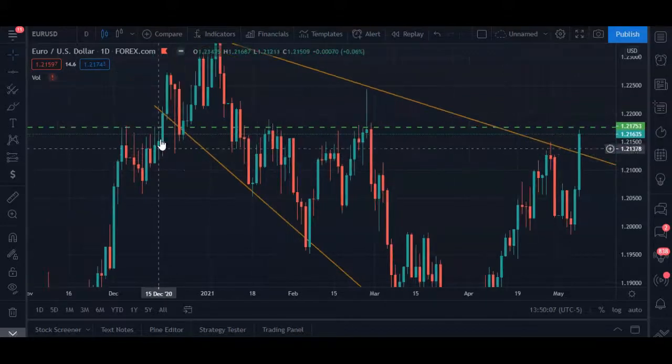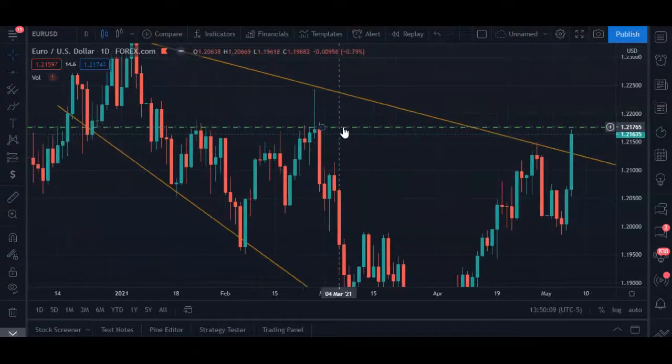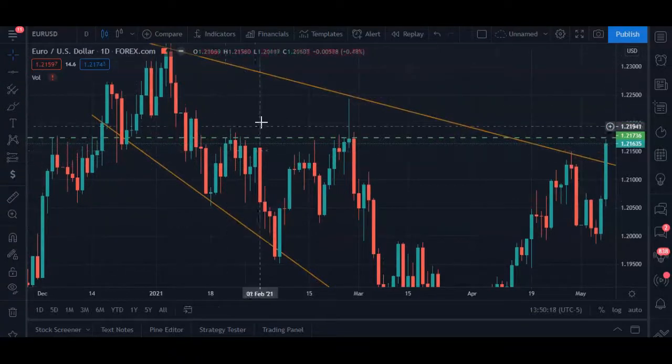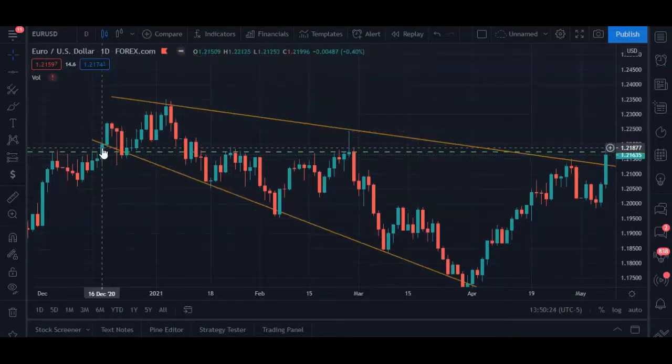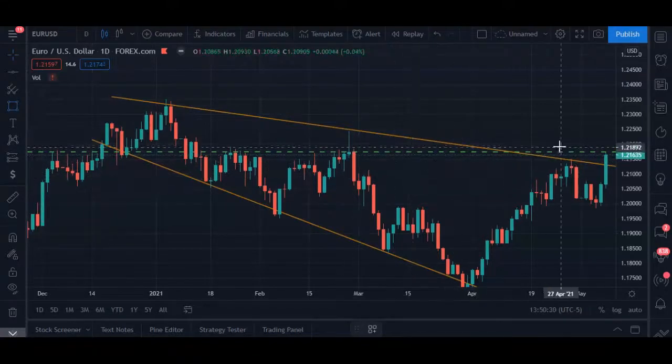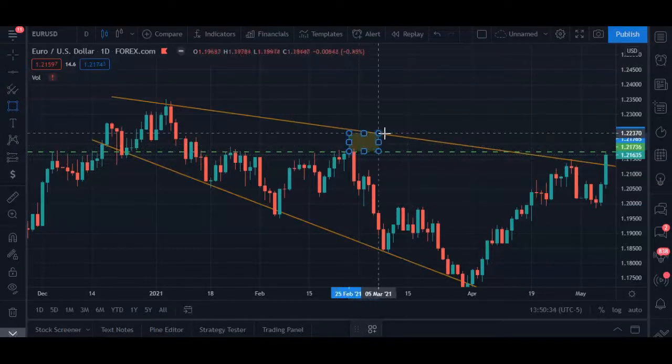You see, it got touched multiple times, and also, there's a lot to teach or learn, but these areas where there's a lot of touches, you want to draw a box around so you could be aware this is a possible sell zone.